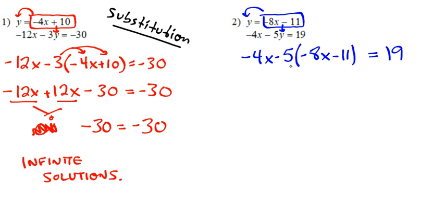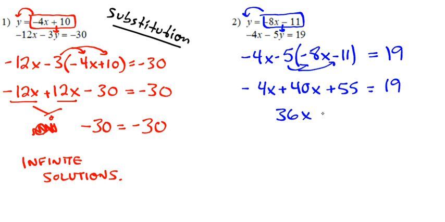Now I need to do some distributing. I'm going to multiply that negative 5 by both of those things in the parentheses. I get plus 40x plus 55 plus 19. I'm going to combine some like terms here, and I'll get 36x plus 55 equals 19.